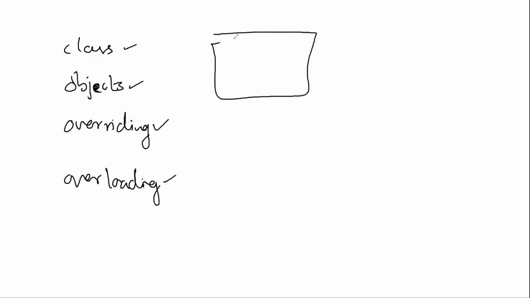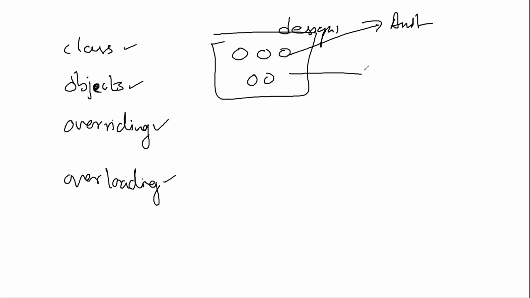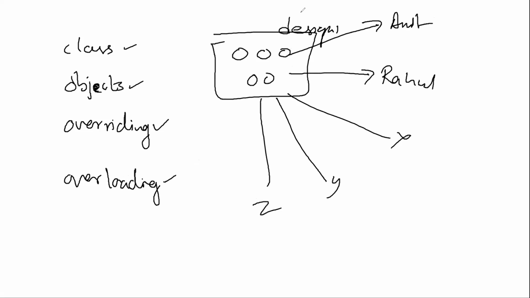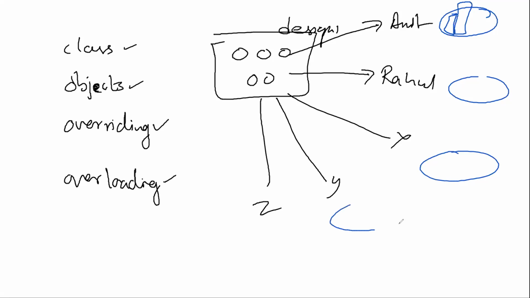So for example, if you remember the design of home, this is my home design. Now this is my design one. It is used by Amit, it is used by Rahul, and it is used by X person, Y person, Z person. Everyone has created their home by using the same design.